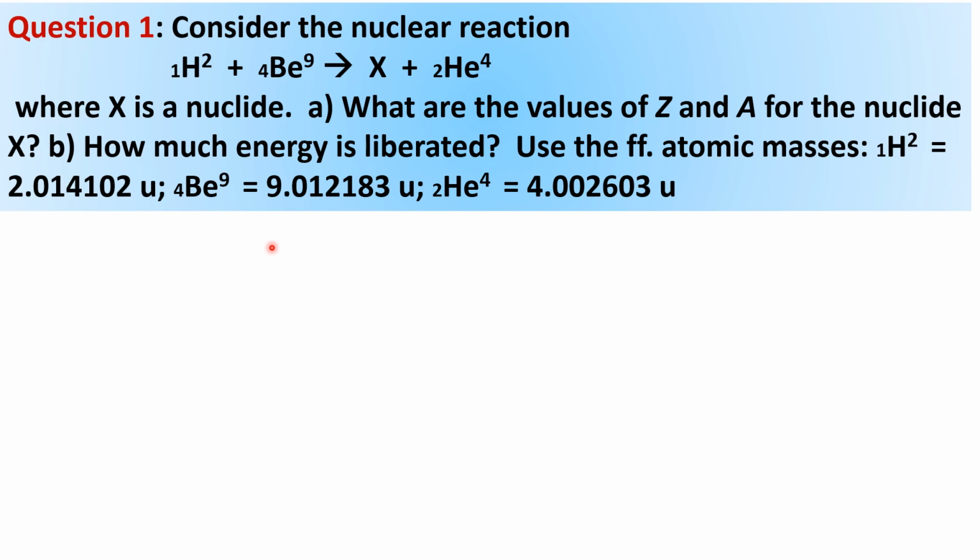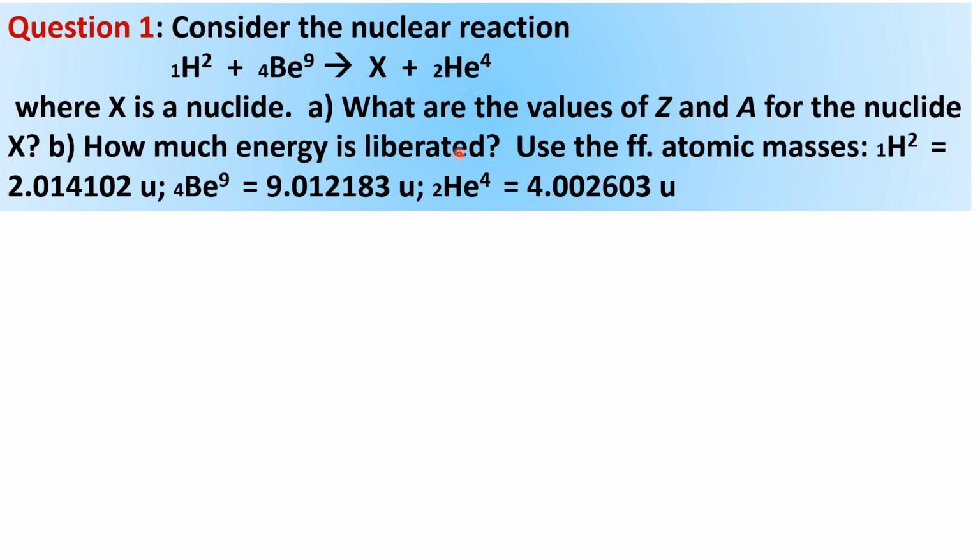Question number 1. Consider the nuclear reaction hydrogen isotope, or deuterium, plus beryllium isotope beryllium-9 produces an unknown nuclide labeled here as capital X and an emission of an alpha particle, or helium nucleus.